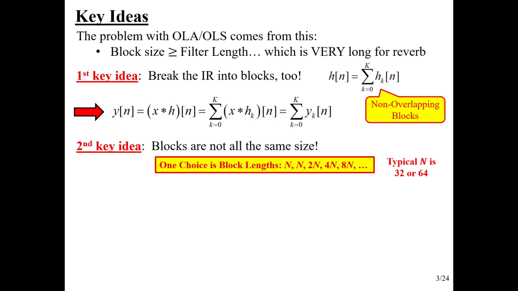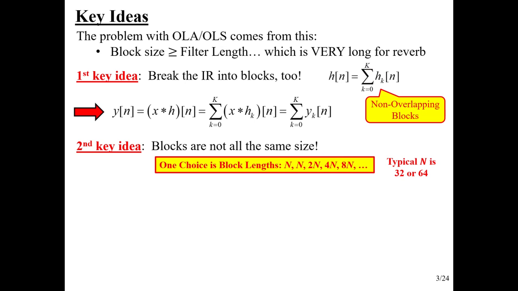So the second idea is that even though we said these are non-overlapping blocks, we didn't say anything about their sizes. The idea here is to pick the blocks so that they grow larger later on in the impulse response. One choice, and we'll see that this is not necessarily the best choice, but it works, is this: our first block is n, then we have n, then 2n, 4n, 8n, 16n, and so on.